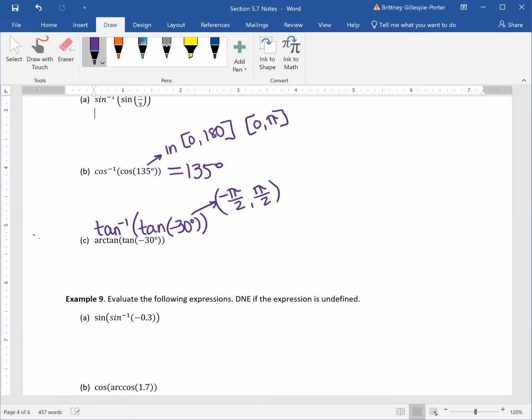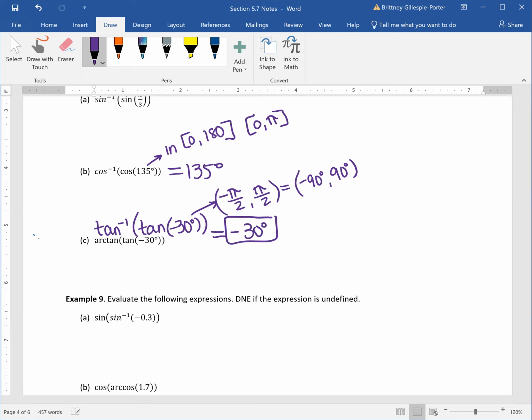And remember that that is equal to negative 90 degrees to 90 degrees. And because it is in between the two of those, looking at the top blue box on the top of the page, we can say that this is equal to negative 30 degrees.